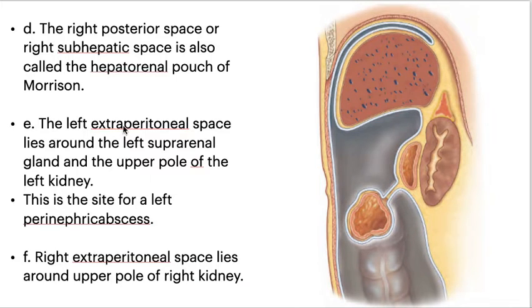Now, this is the extraperitoneal space. The left extraperitoneal space lies around the left suprarenal gland and the upper pole of the left kidney, also the site of a left perinephric abscess, whereas the right extraperitoneal space lies around the upper pole of the right kidney.